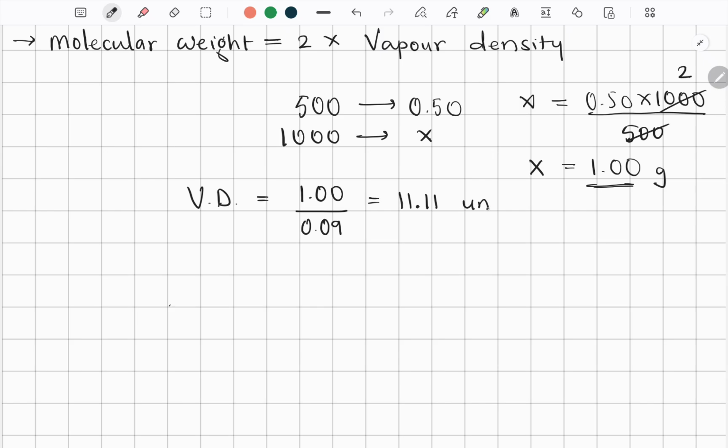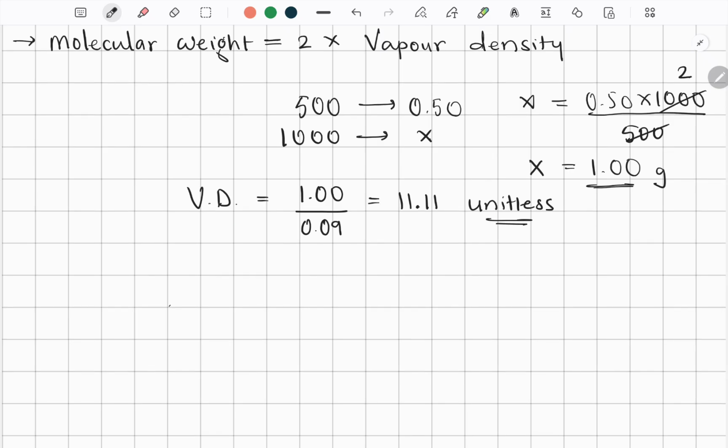Now it comes to the unit of the vapor density. Vapor density is a ratio of similar physical quantity, which is gram upon gram. So gram and gram get cancelled and we end up with nothing, which means it is a unitless quantity. So in an MCQ or in a numerical, we have to remember that vapor density is unitless.